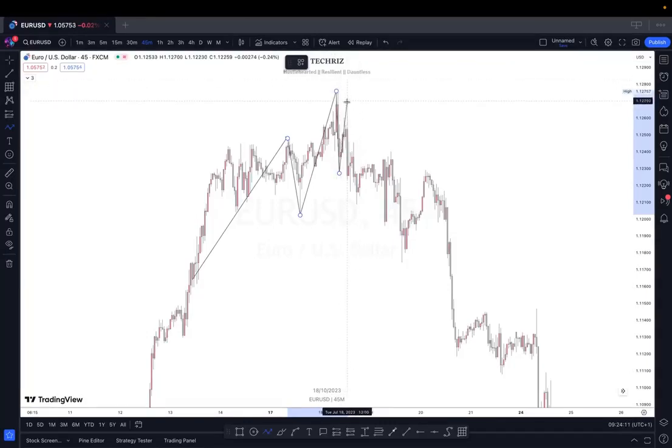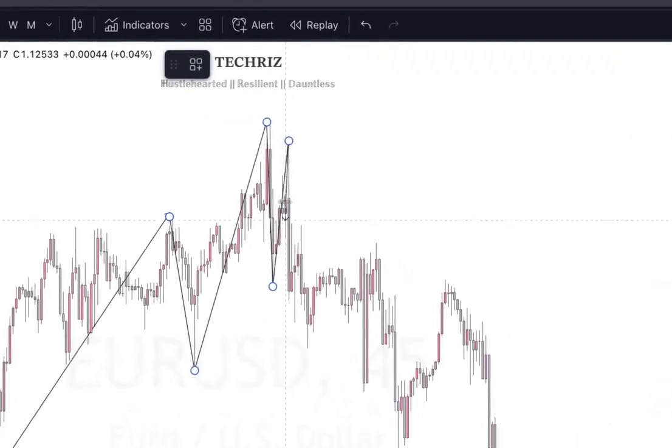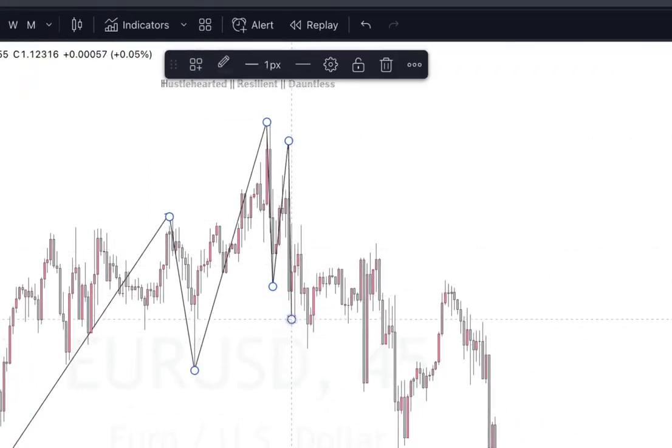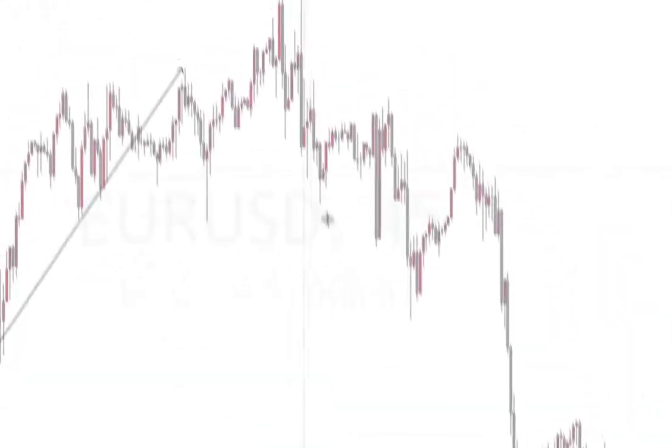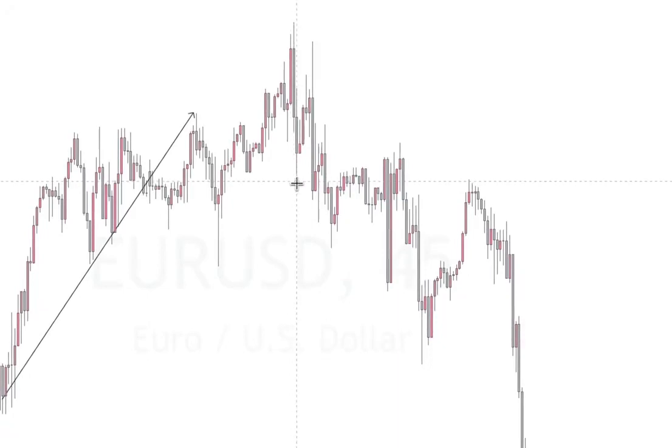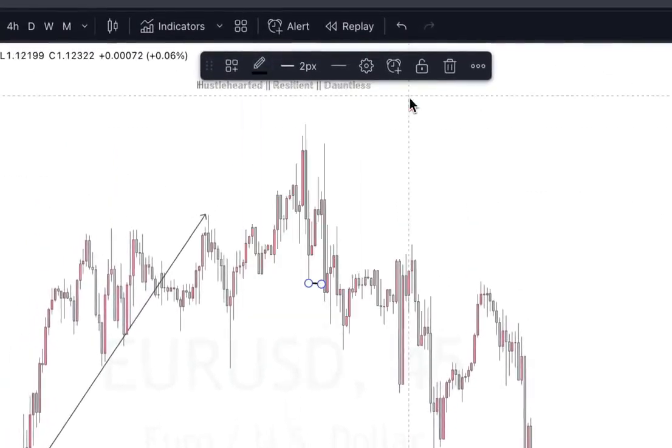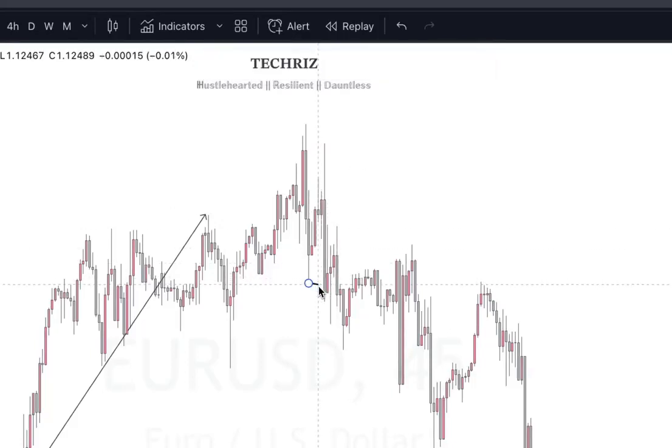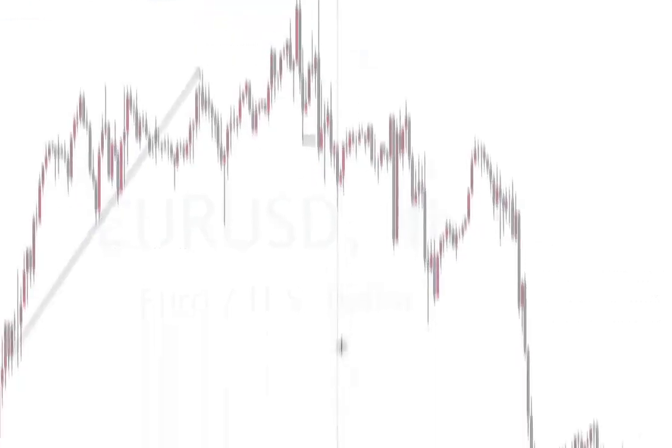It just came here, failed to swing above, and then boom, came down to create this low, right? So I can start to mark out all the highs and all the lows, but I don't want to waste our time here. Let me just mark out the ones we are working with.